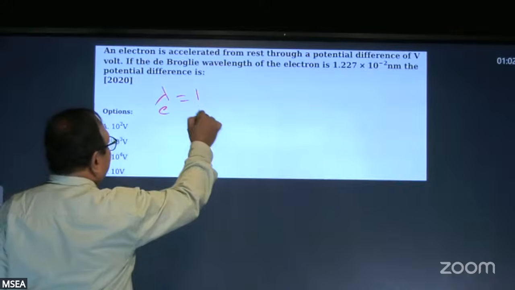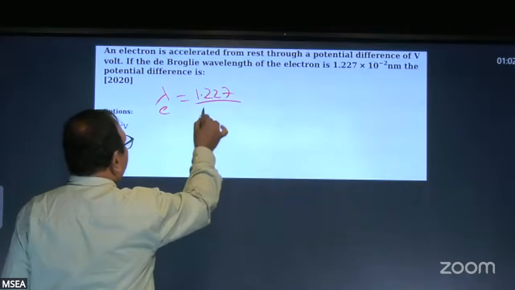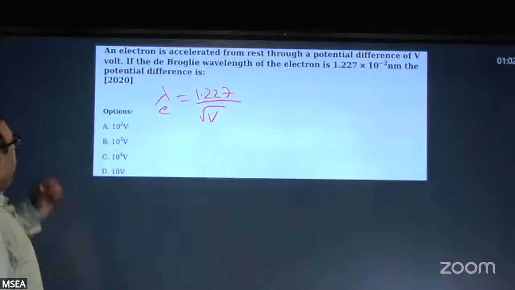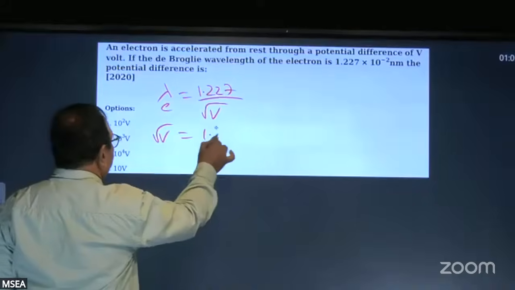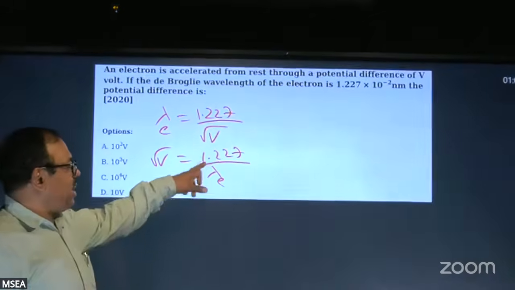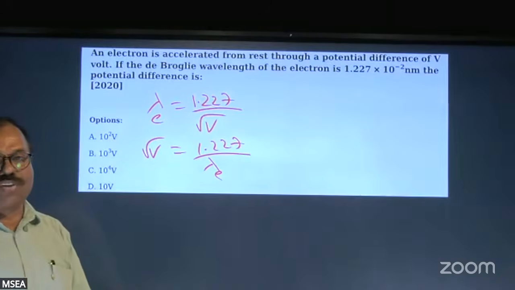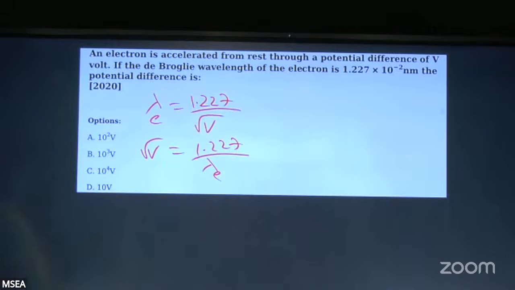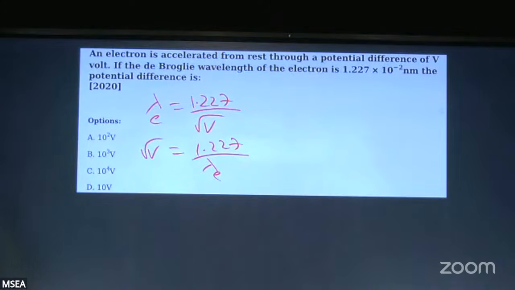Whenever the electron wavelength is asked in nanometers, we can write 1.227 by root V. So root V is equal to 1.227 by lambda E. Then we can get the voltage. So you have to remember this about the electron. If it is given in nanometers, it is 1.227 by root V, or if angstrom is given, it is 12.27 by root V.